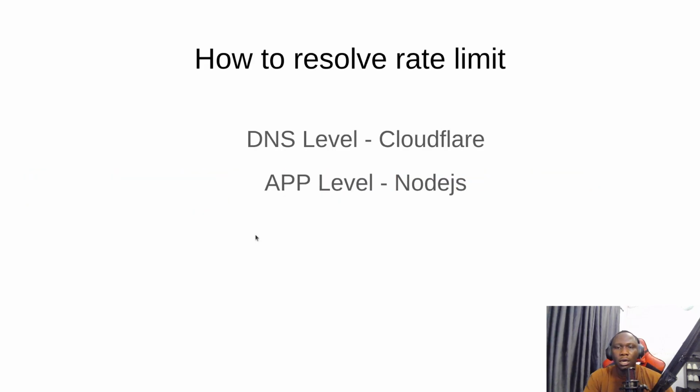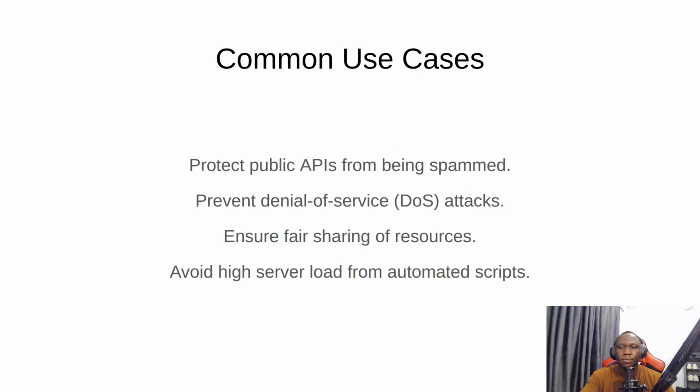So how do we implement rate limits? We resolve it on the DNS level and app level. The simple app I'm using is a Node.js Express app, and the DNS service I'm using is Cloudflare. Common use cases, like I said, are to protect public APIs from being spammed, prevent DDoS attacks, and ensure fair share of resources.